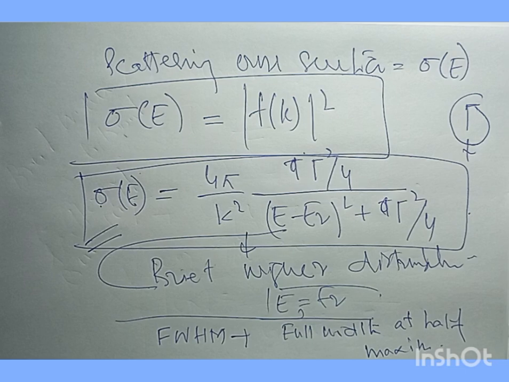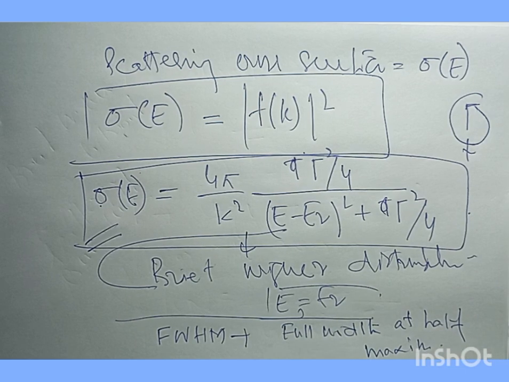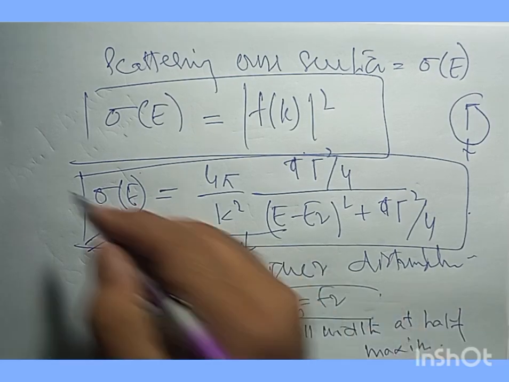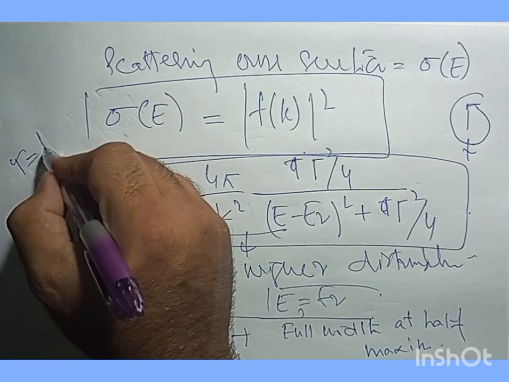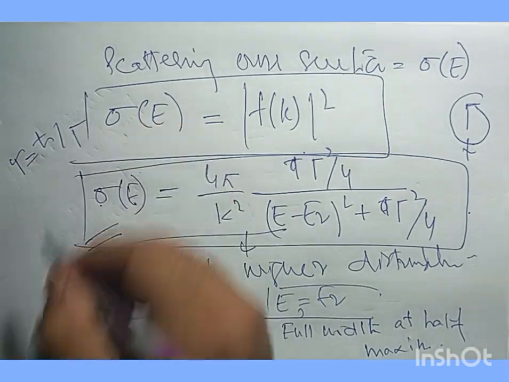We saw that the lifetime of the resonance is related to the resonance width, tau is h bar by resonance width.